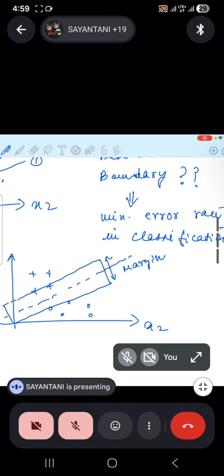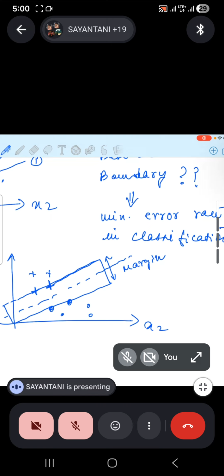So over here, I'm interested in the width of the decision boundary just before hitting the point. So I have to draw this decision boundary in such a way that the points belonging to each of the classes just lie on the boundary of the particular decision boundary. This is my objective.